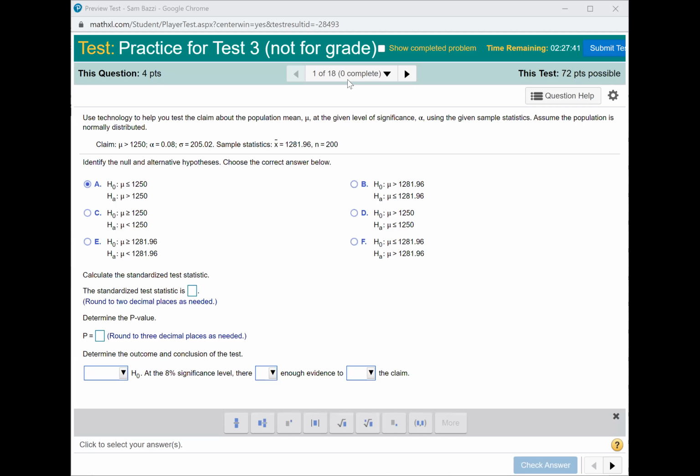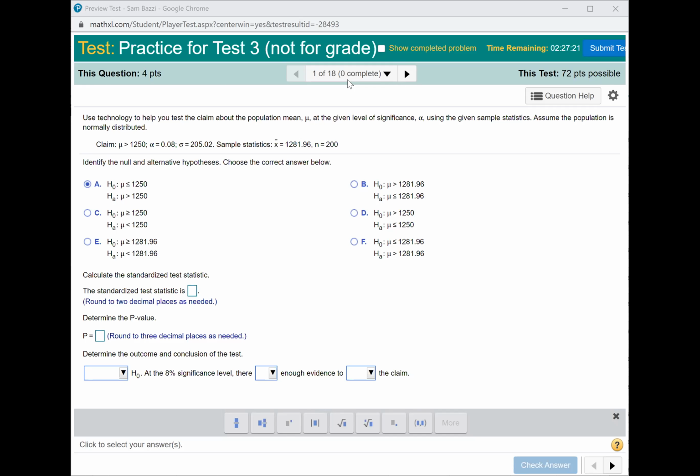Okay, so I'm gonna go to Z-test. For mu0, we're testing against 1250. I will show you the screen in a second. For sigma, because he gives you sigma, you have to use a Z-test. That's why I selected this question to show you when to use a Z-test.